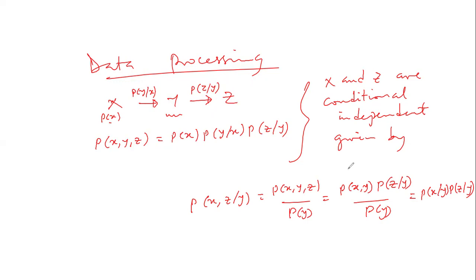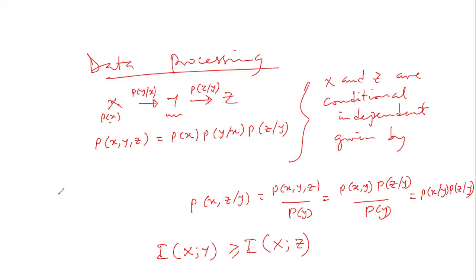And should Z now be a function, then no processing of Y, deterministic or random, can increase the information Y contains about X, okay? So intuitively, we now see that the mutual information between X and Y is greater than or equal to the mutual information between X and Z. So it means that the mutual information between X and Y that are connected by this Markov chain is definitely greater than the mutual information between X and Z, because they don't have the direct connection, okay?